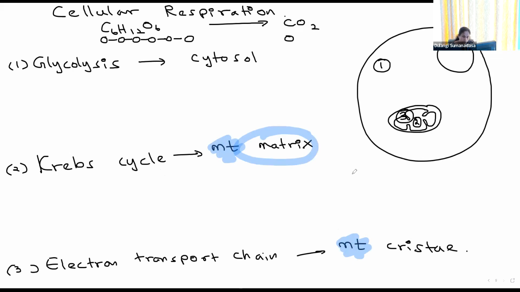So don't lose easy marks, always write down the organelle, right? So even if you say thylakoids, that's why I said it's chloroplast thylakoid. Definitely matrix is like a common term. We can't find the matrix somewhere else. So you have to say it's part of the mitochondria, right? Even the cristae, say somewhere it's part of the mitochondria.